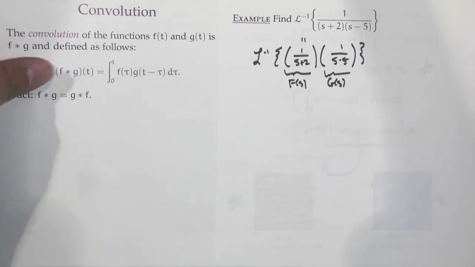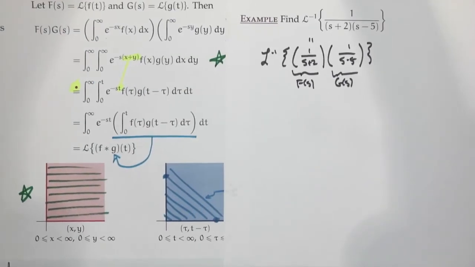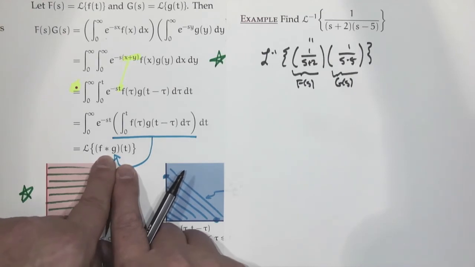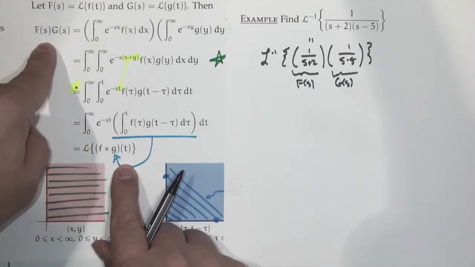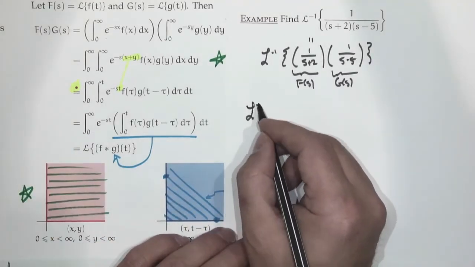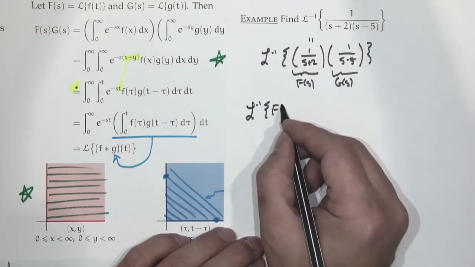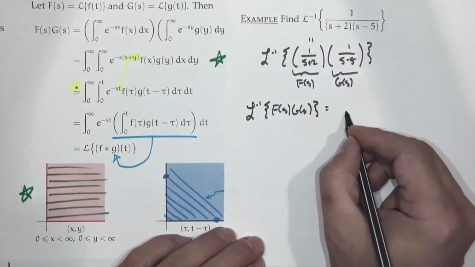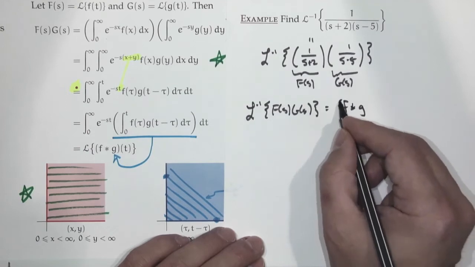All right. So just as a reminder here, the punchline is, if I have f star g and I take the Laplace transform, that gives me F of s G of s. And so what we can say is that the inverse Laplace transform of F of s G of s, just running it backwards, will be f star g.